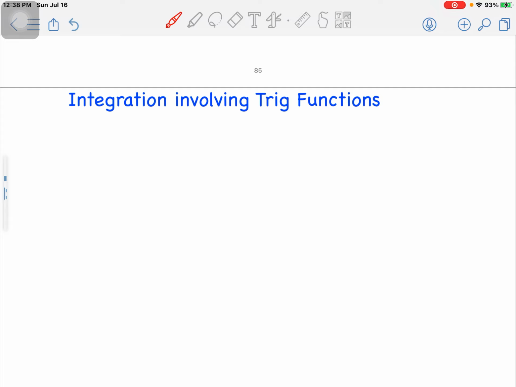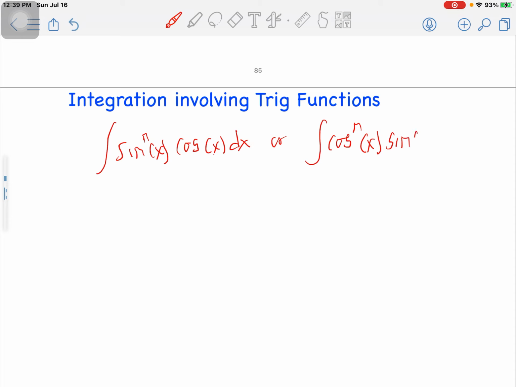So, as I said earlier on, a key idea behind the strategy used to integrate combinations of products and powers of sines and cosines involves rewriting these expressions as sums and differences of integrals of the form integral of sine power n of x cos x dx, or integral of cos power n of x sine x dx.